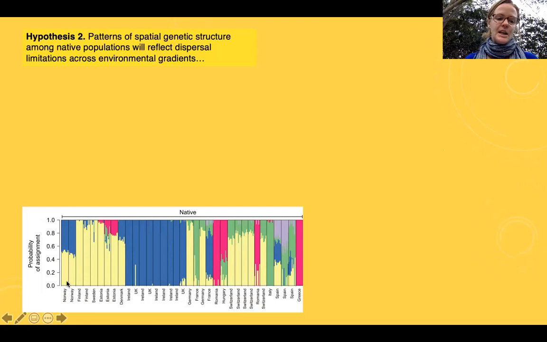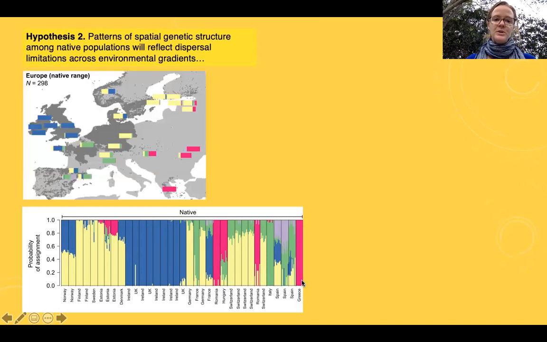You can see on the plot here that Northern Europe tended to cluster together, UK and Ireland clustered together, Germany was more related to Northern Europe, Romania and Hungary tended to be quite unique, and Greece was more related to Romania and Hungary. So we're seeing this fairly strong spatial genetic structure in Europe that actually related to the spatial location of samples.